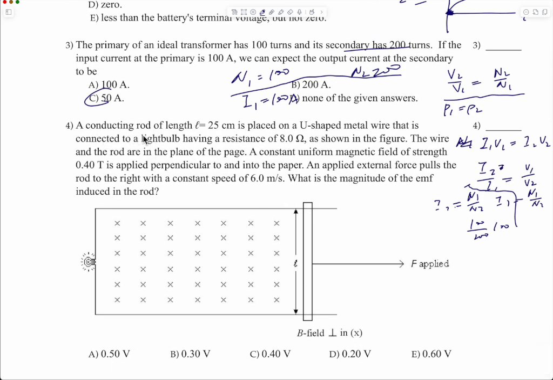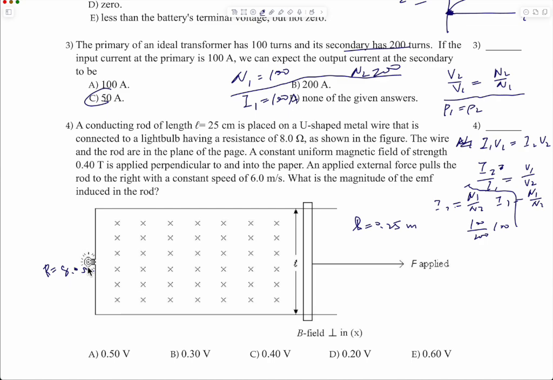Number 4: a conducting rod of length L equal to 25 centimeters, remember 25 centimeters equals 0.25 meter, slides on a U-shaped metal wire that is connected to a light bulb having a resistance R equal to 8.0 ohm.